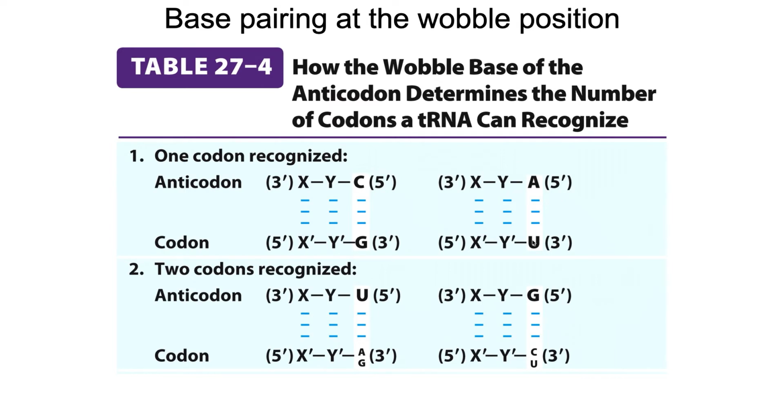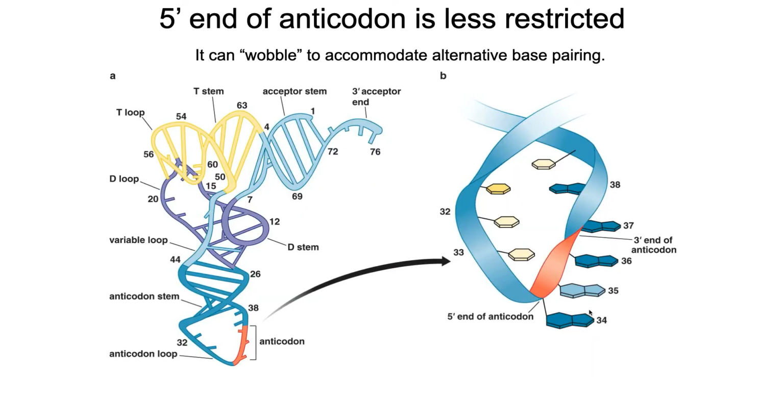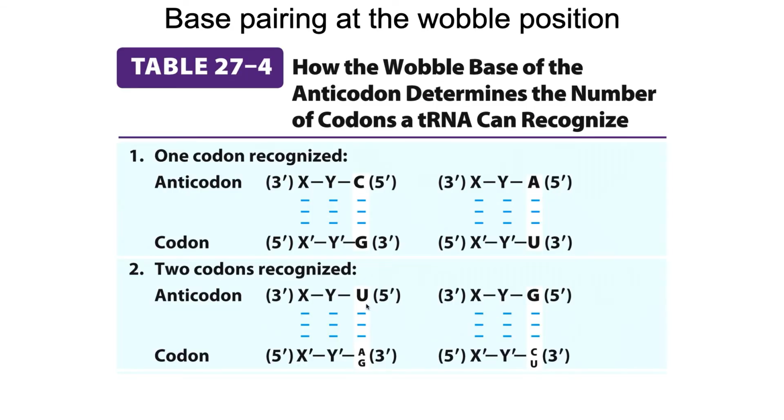Now, if that 5' position within the anticodon is a U or a G, the wobbling that can occur at this turn allows it to not only base pair with an A, but also a G. This G can not only base pair with a C, but also a U. And this means that a single anticodon that's part of a single transfer RNA that holds a single type of amino acid can go to 2 different codons, the XYC codon and the XYU codon.